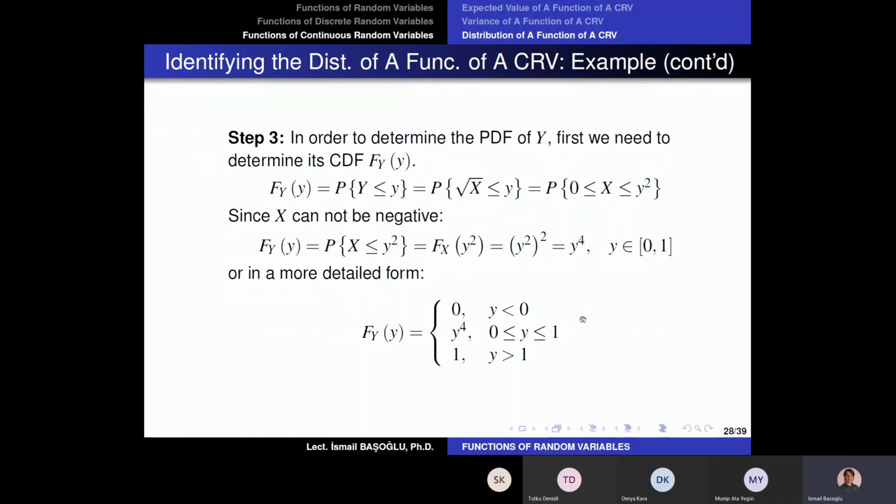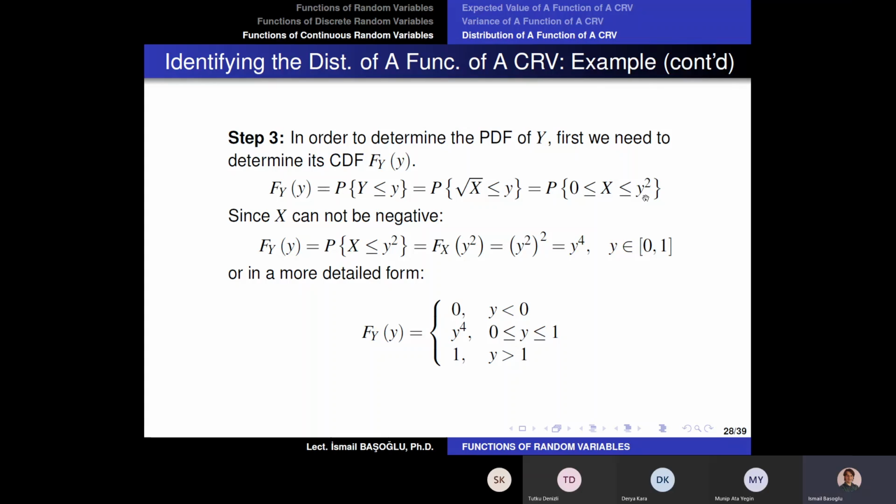Okay? Now the inequality here is the same as, if you take the square of both sides, the same as the random variable X taking on values between 0 and y squared, right? So that inequality and that inequality have the same solution space.